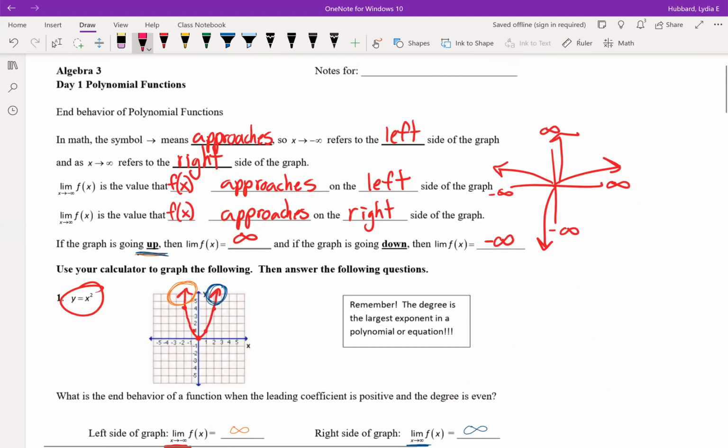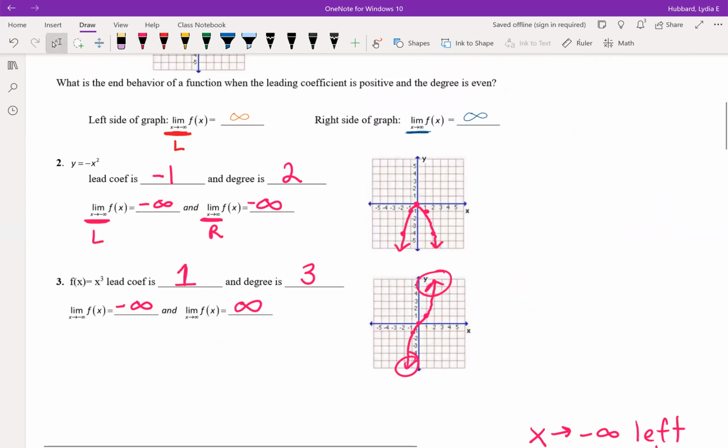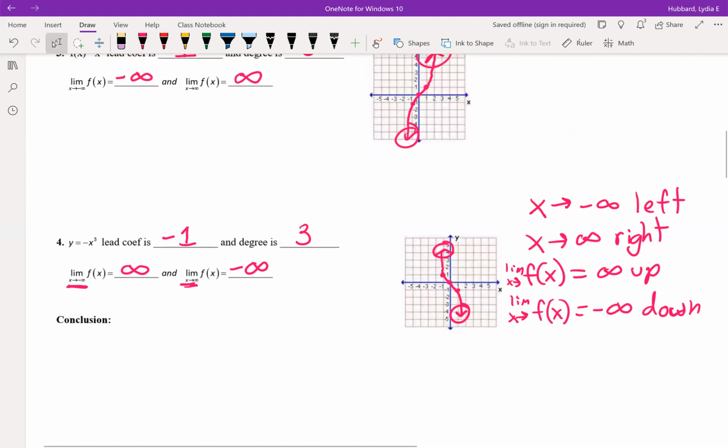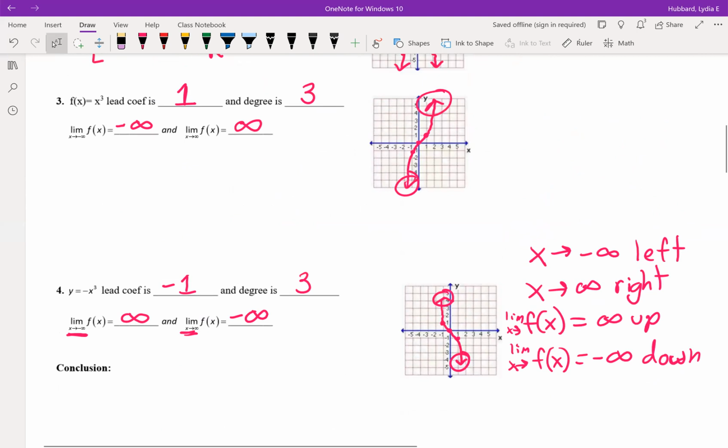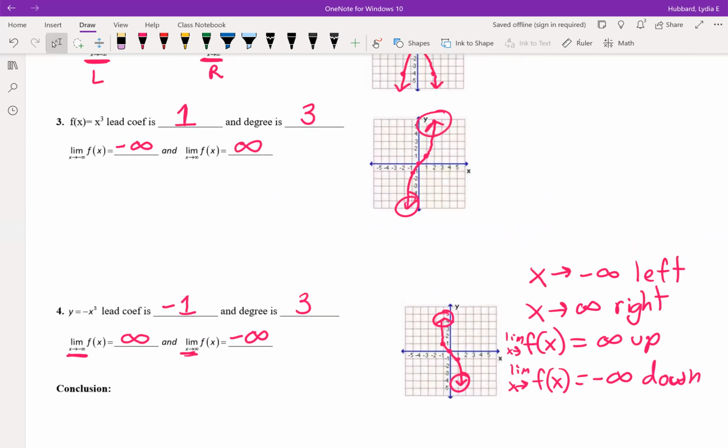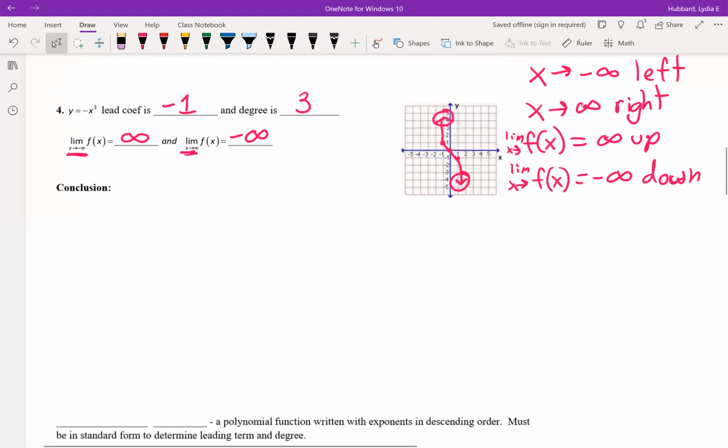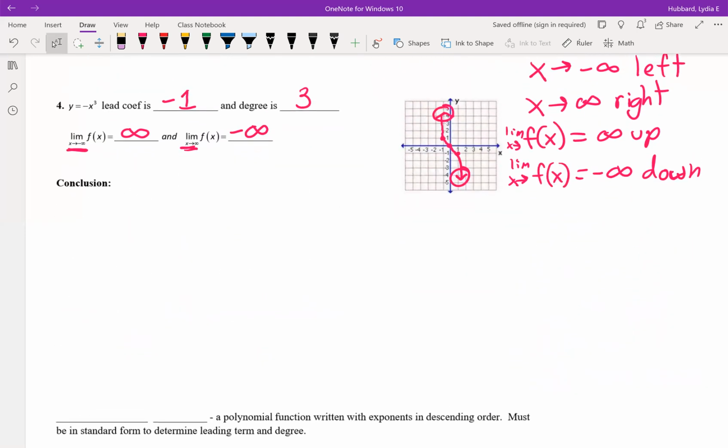And we wrote all of this up here. This is just it kind of written in one little block. So if that helps you, you can use that. But hopefully we've started to notice a pattern that's occurring here with these graphs. And so we should notice that there are 4 different things that can happen.